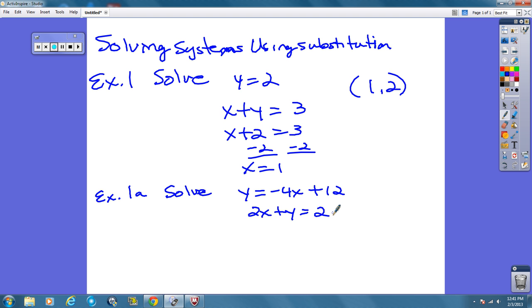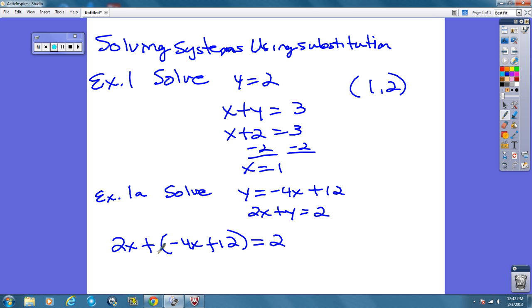That makes substitution easier. We know what y is here because we've said what it is. I'm going to replace this y with this expression. So I'm going to have 2x plus negative 4x plus 12 equals 2. You see I replaced this y with this expression. That's what you need to be paying attention to.